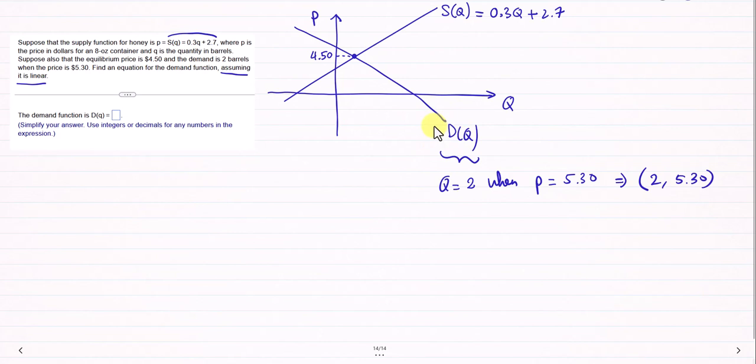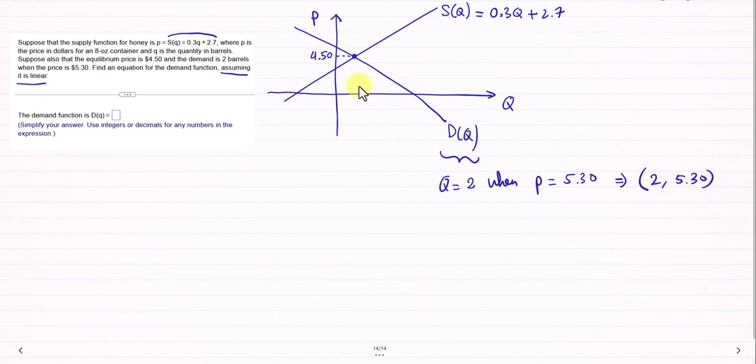And in order to find the equation, you need at least 2 points. Now, to find the other point, I know that we can use the equilibrium point right here, because at this location, the point is on both the supply and the demand curve, because this is the intersection.